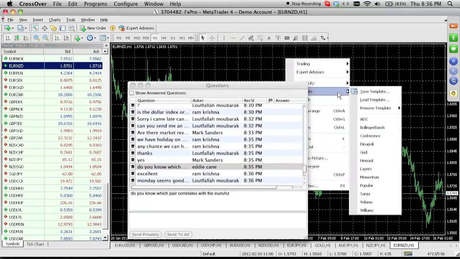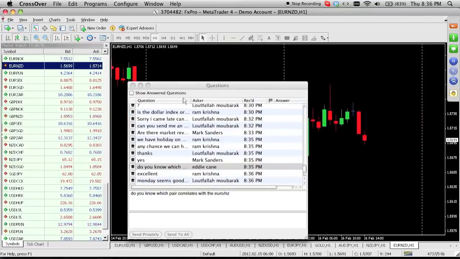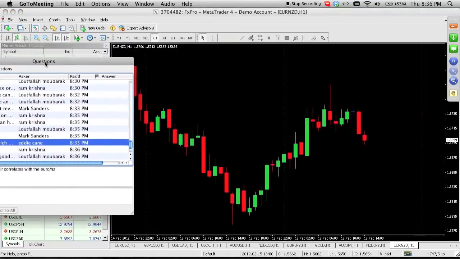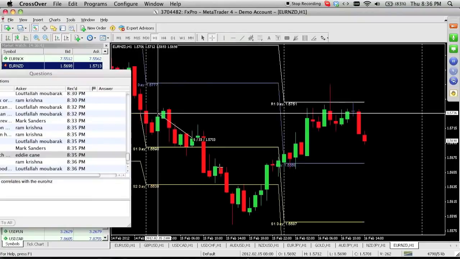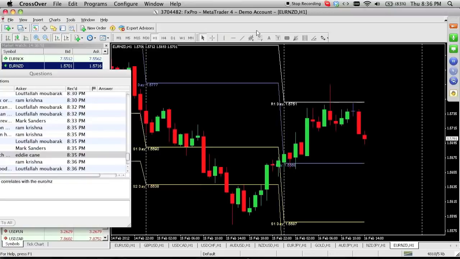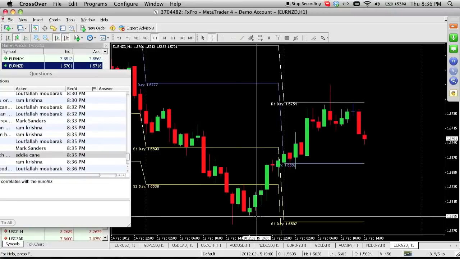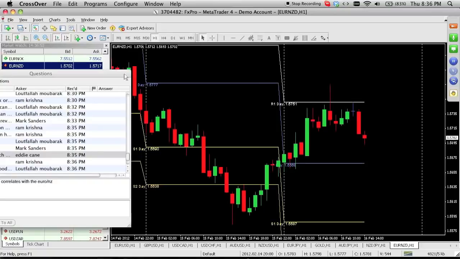Wow. Let me take a look here. Euro NZD. Yeah, this is a beast. It moves quite a bit as well, just like our majors, 180 pips at a time.